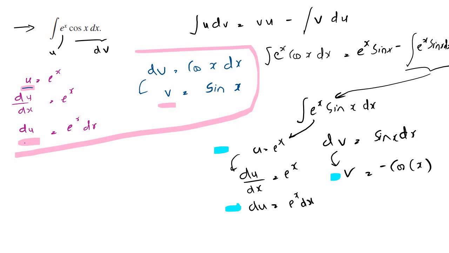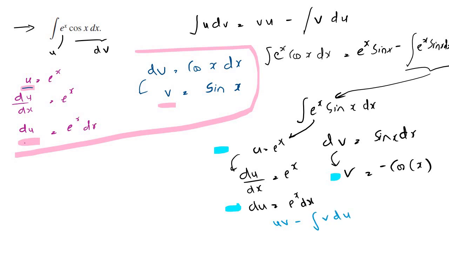Now we can substitute into this equation. Let me write it in a different color. We will use blue. We need to substitute into uv minus integral v du.